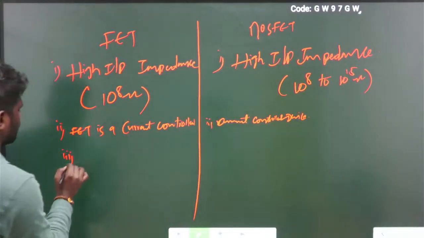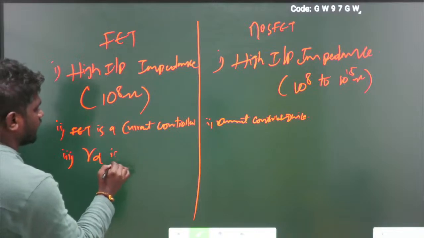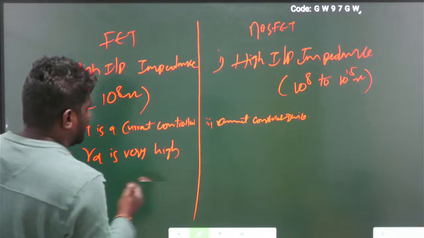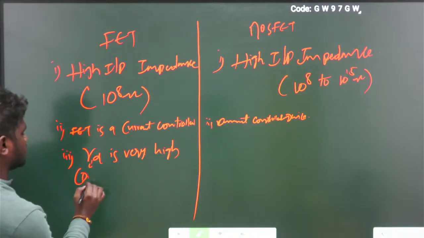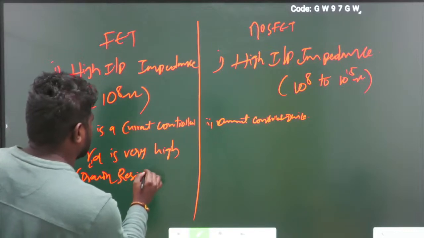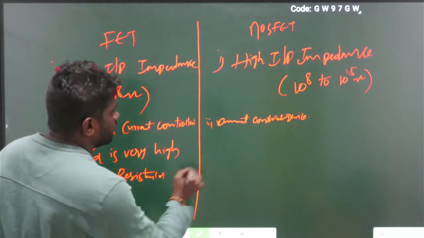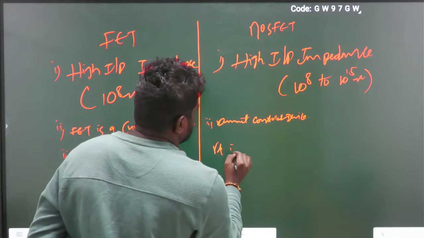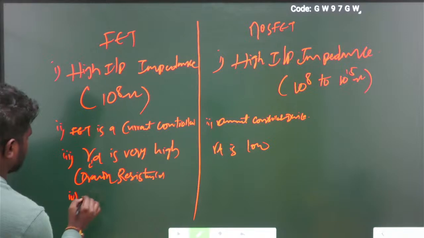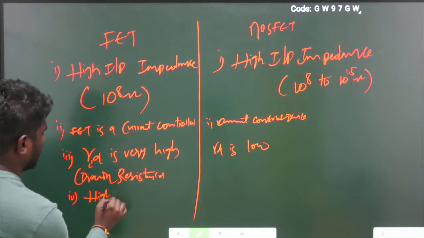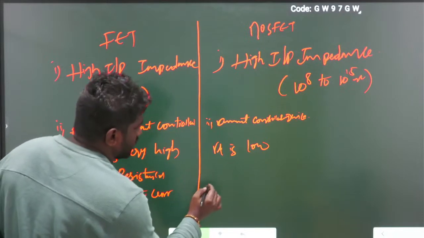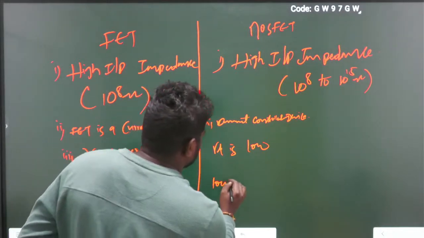Here RD is very high. I already told what RD is: it is drain resistance. Here in MOSFET RD is low. FET has high gate current, and MOSFET has low gate current.